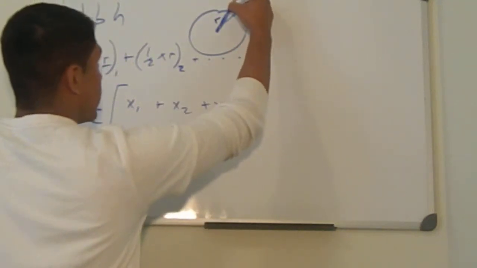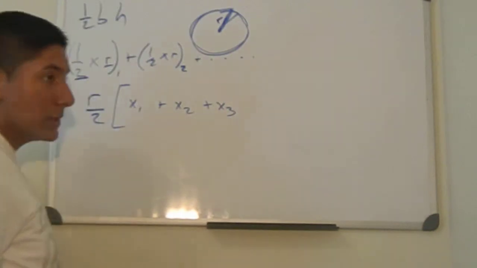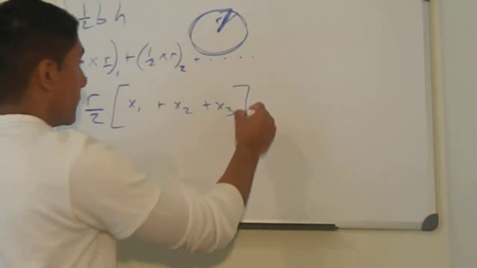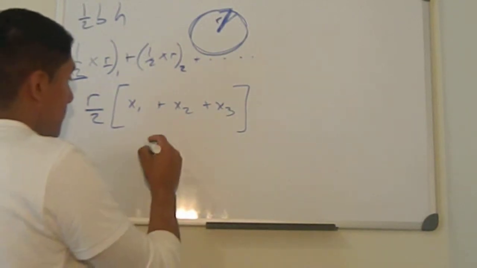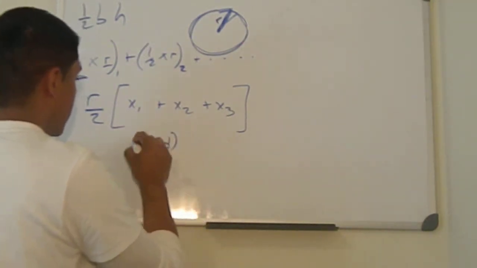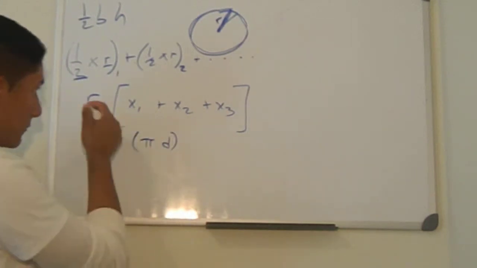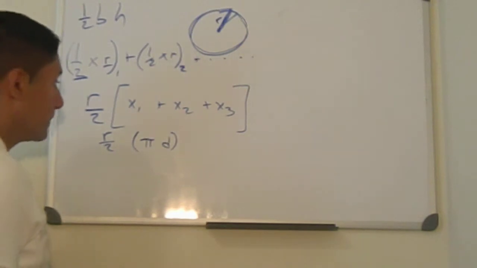And if we look at that, then we can notice that that's just the circumference of the circle. And the circumference of the circle, we all know, is pi times the diameter, and following this, radius divided by 2.